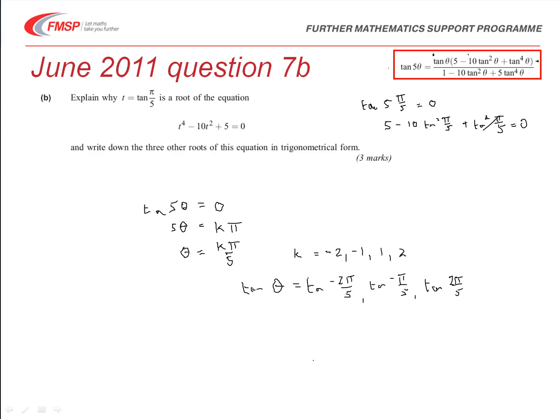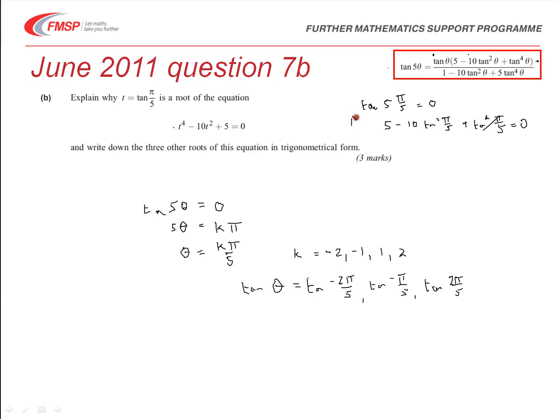Okay, so there we've obtained our alternative roots to this equation here. Okay, 3 marks for that part. Obviously for explaining where this value of 0 comes from, that tan 5 theta is 0 because of substituting theta as pi by 5, and therefore must be a solution.